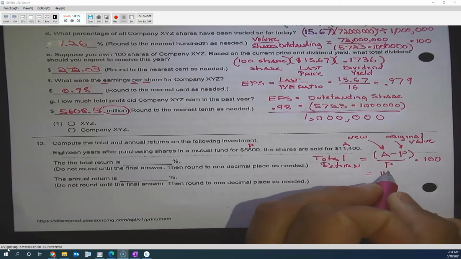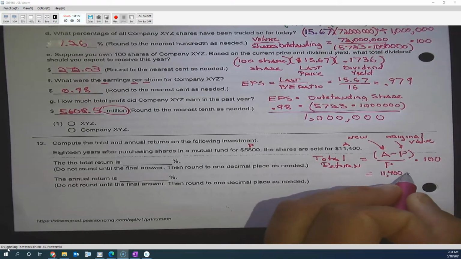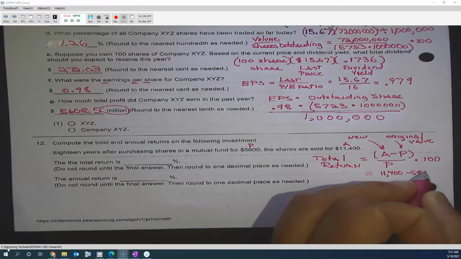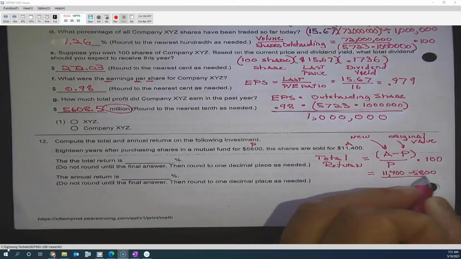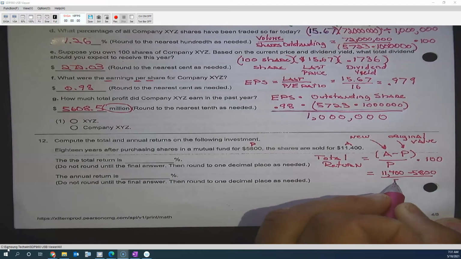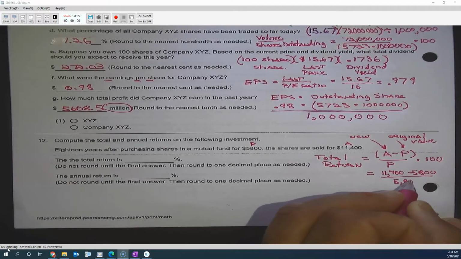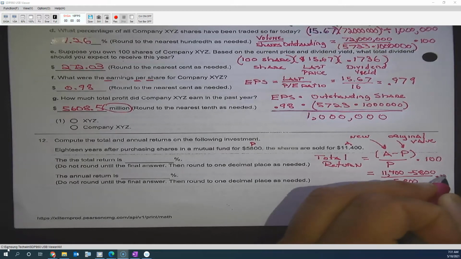So 11,400 minus 5,800 divided by 5,800 times 100.